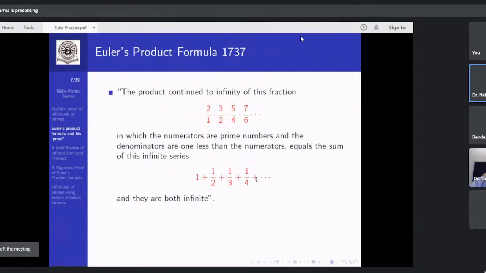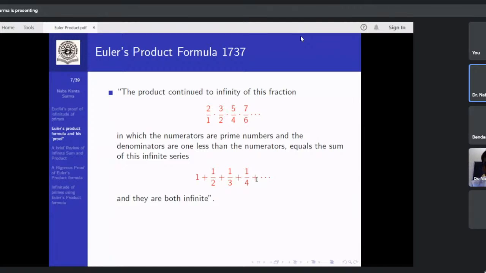So the statement, in the language of Euler, how he writes: the product continued to infinity of the fractions 2 by 1, 3 by 2, 5 by 4 up to infinity, in which the top elements are the prime numbers 2, 3, 5, 7, and the bottom elements are nothing but 1 less than the prime numbers.